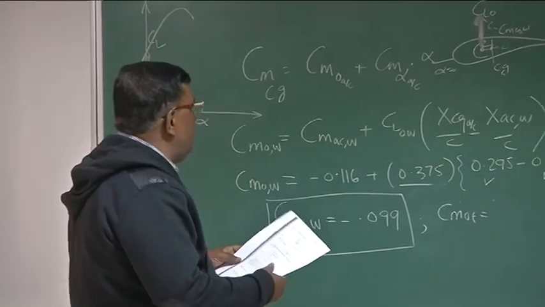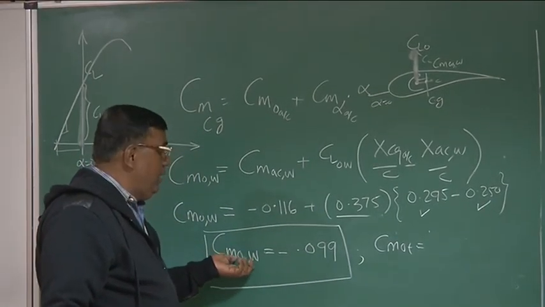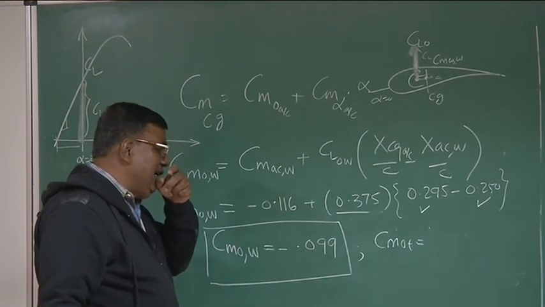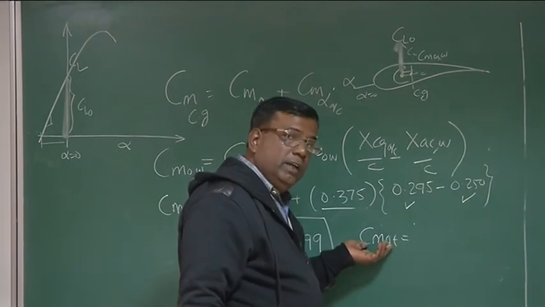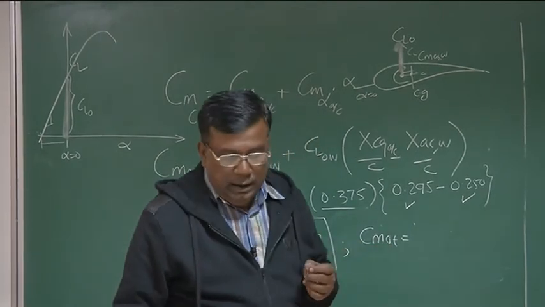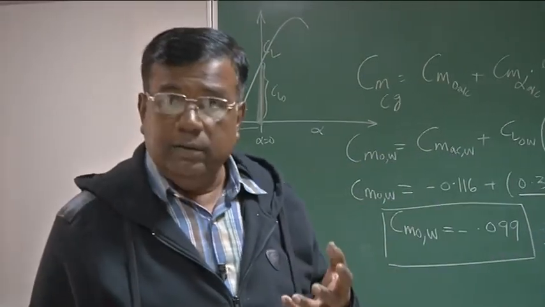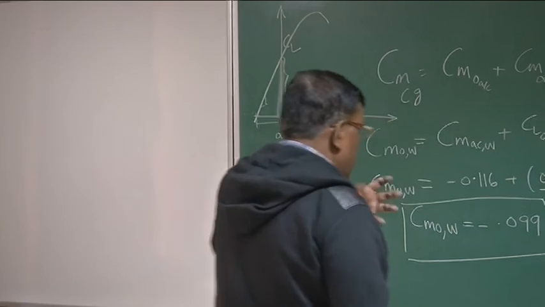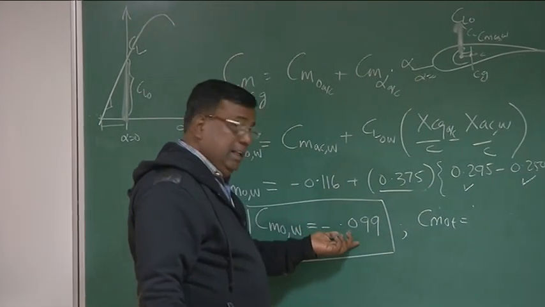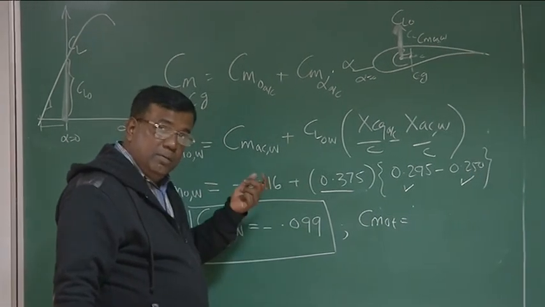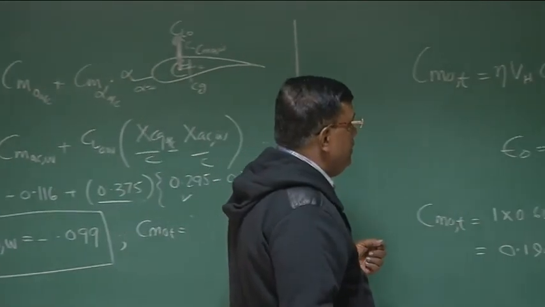We have seen we have got CM naught contribution from wing as minus 0.099. Now we want to find out what is CM naught tail for this configuration.